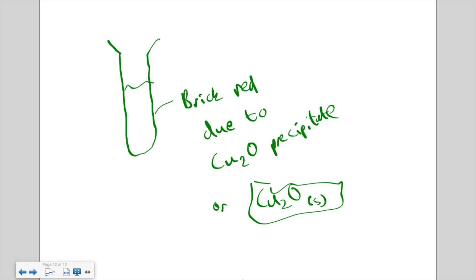Okay, so then the extension was that we had 2 test tubes. The first one we had our glucose.